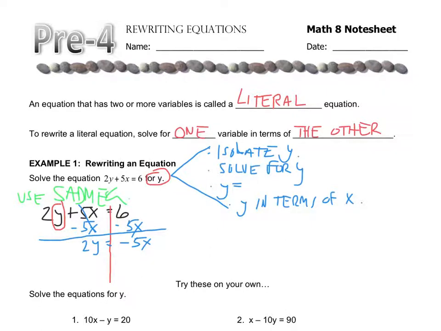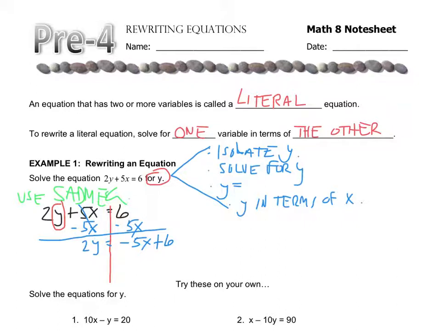And this 6 up top is a positive 6. So 6 minus 5x would be the same as negative 5x plus 6. It wouldn't be wrong if you wrote 6 minus 5x, but just trust me, when we get a little bit further into this chapter, we're going to want the x's first. Then we come back to the next step.